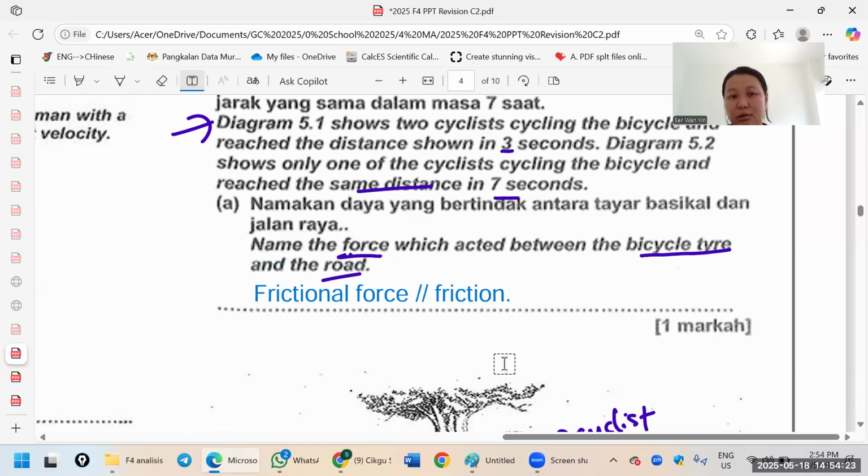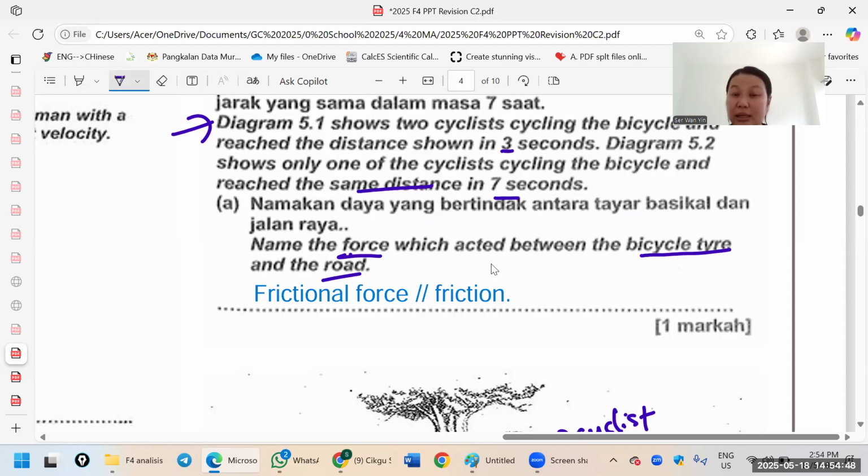Only this force because when 2 surface in contact, so there are forces in between. This one called frictional force. Only one answer. If you want to say gravitational force, cannot because gravitational force means the gravity lah.